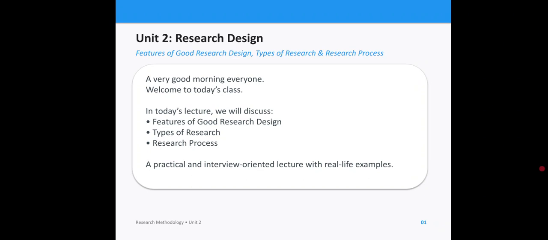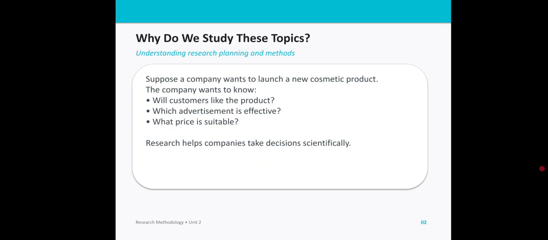Today we will understand everything in an easy way and in a practical way with real life examples. Before understanding these topics, first of all let's understand why we need to study them.